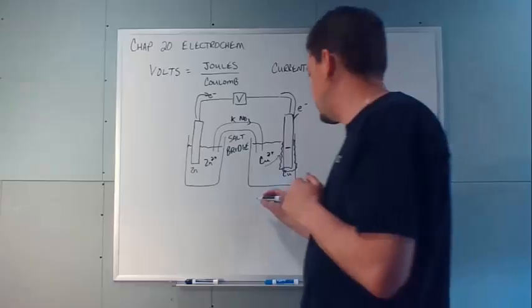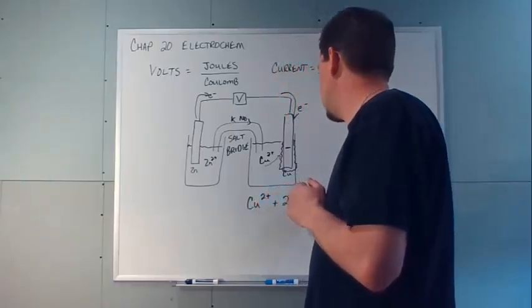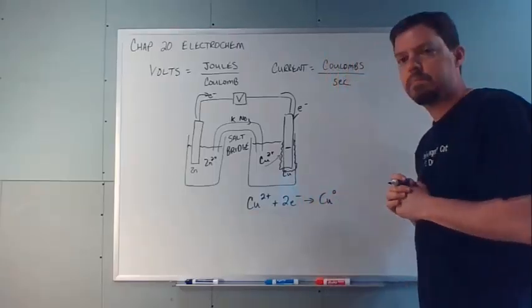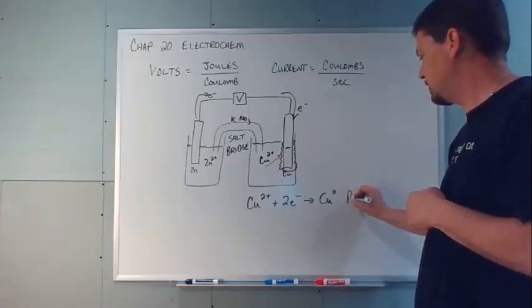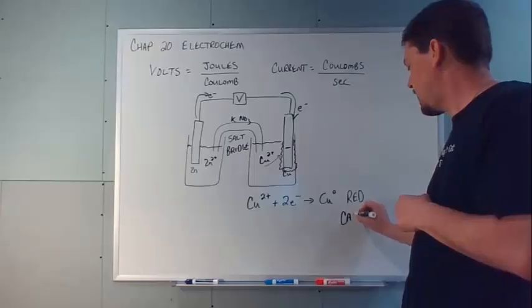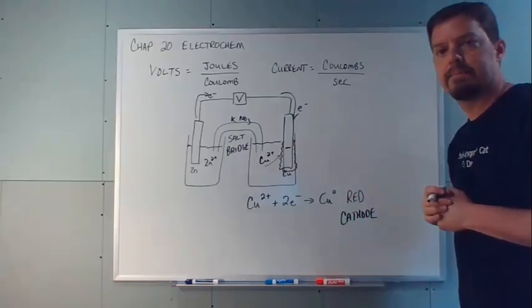So what's happening over here is you have copper ions plus electrons making copper. All right, so this is our reduction. And reduction happens at the cathode. So this is our cathode side.